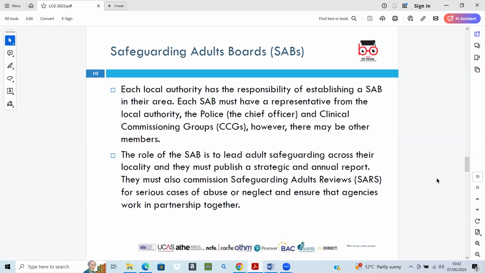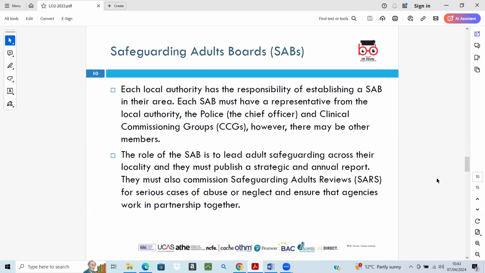And then what's next? Now, students may ask the question, or a service user, or even the practitioner, may ask why it is important for the safeguarding adult board to include representatives from the local authority, the police, and the CCGs. Why is it important?